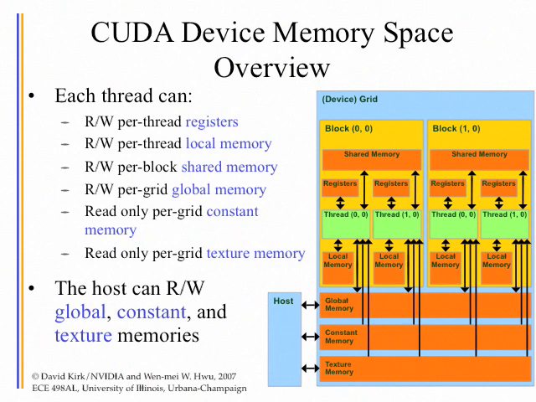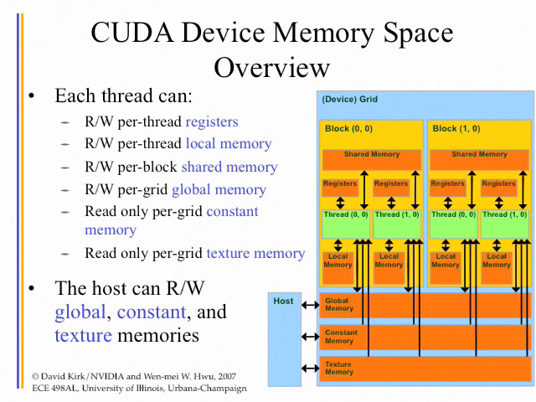Now, there's also a read-only per-grid texture memory. And this texture memory has some unique properties that we're going to introduce later on. The host can read-write global, constant, and texture memories, but the GPU can only write into global, not to the constant memory.